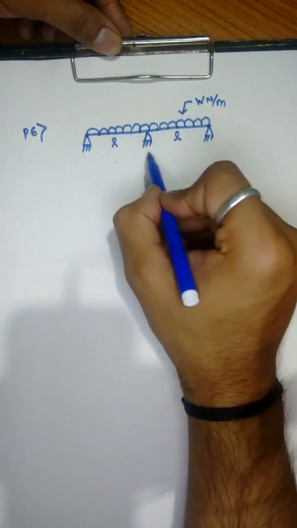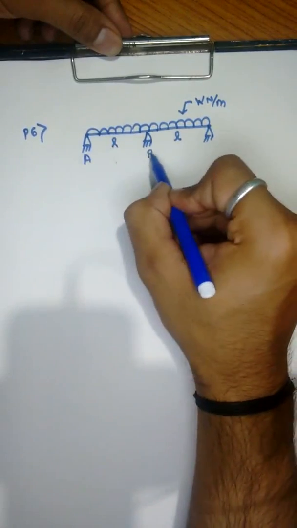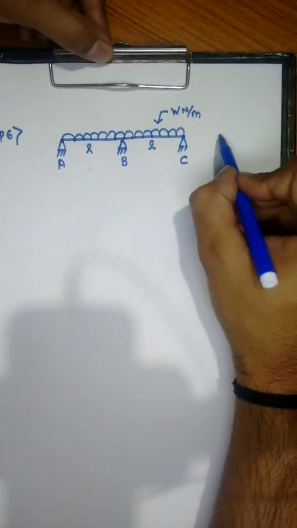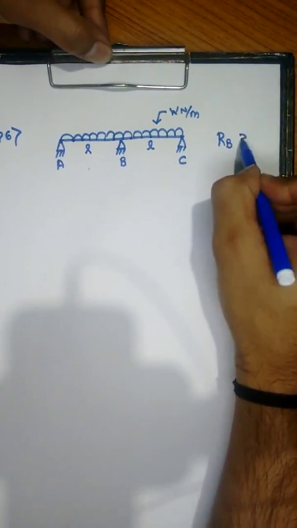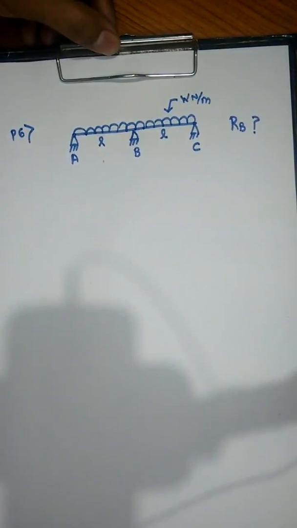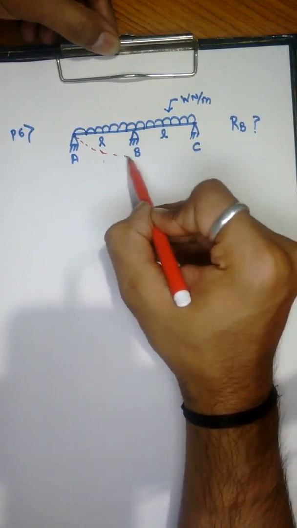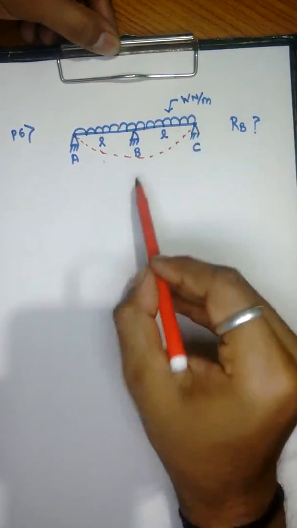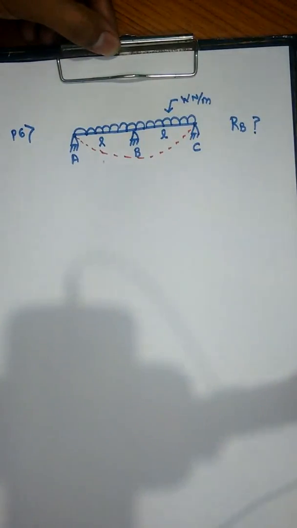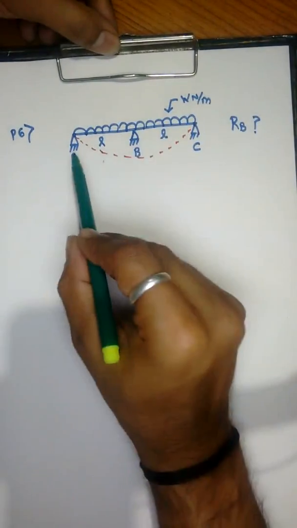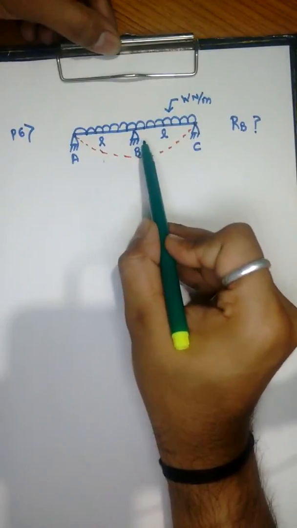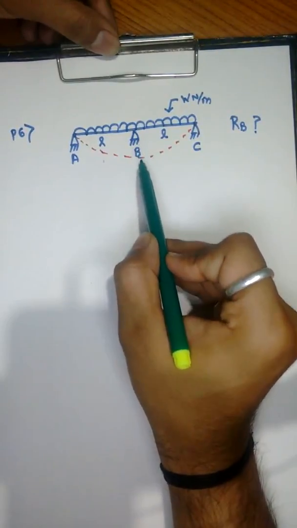Total length is 2L. So we need to find out the reaction at B. Here also we equate the deflection. This beam will deflect in this manner if there is no support, but the reaction at support B will counteract this deflection.